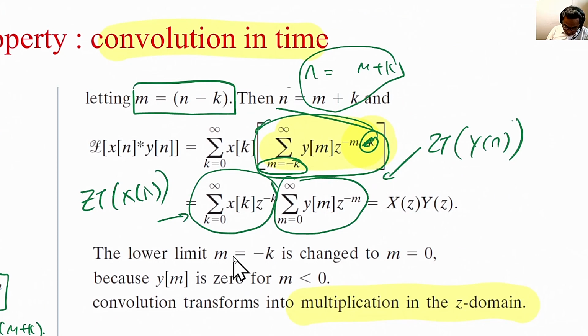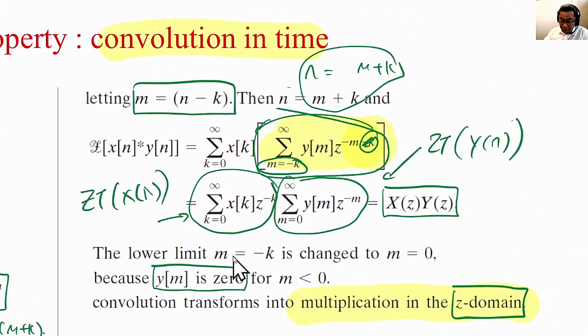The assumption is that y[m] is 0. We're assuming that the sequence is 0 before time index n equals 0, or in this case m equals 0. So this shows that convolution in time for two causal sequences becomes multiplication in the Z domain.